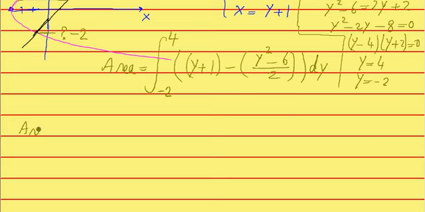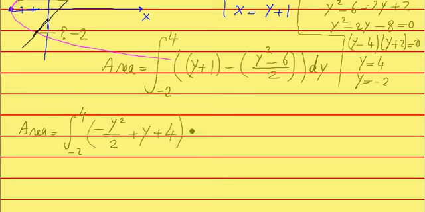So area is integral from minus 2 to 4 of, simplifying all of that, let's write it in order, minus y squared over 2, and then I have a plus y, 1 minus 6 over 2, that's a 3, that makes a 4.